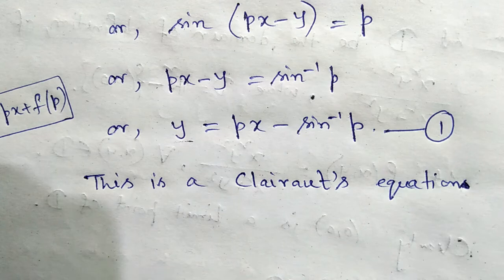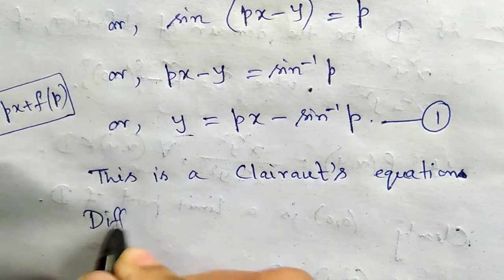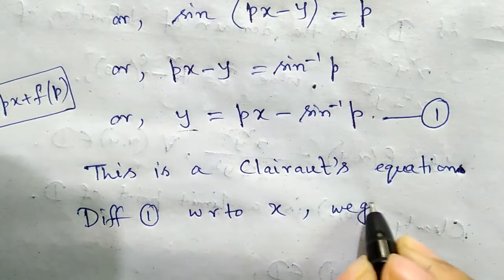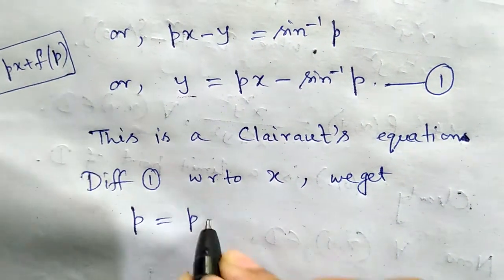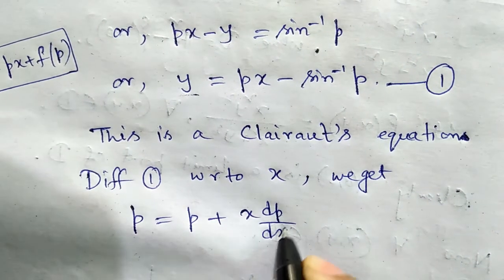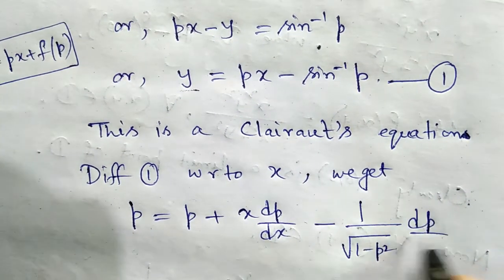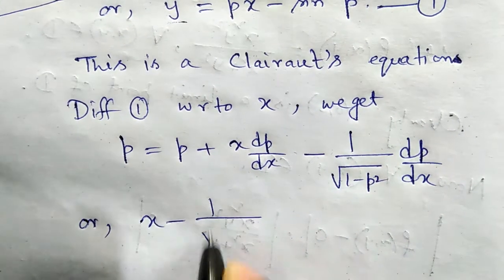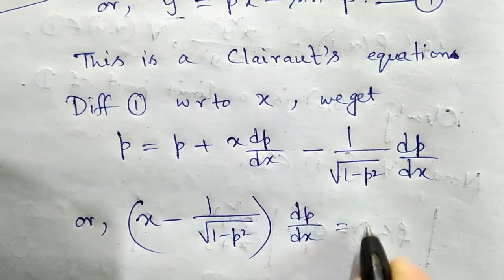Now differentiating (1) with respect to x, we get dy/dx, that is p, equal to p plus x dp/dx minus 1 by root over 1 minus p square dp/dx, or (x minus 1 by root over 1 minus p square) dp/dx equal to 0.